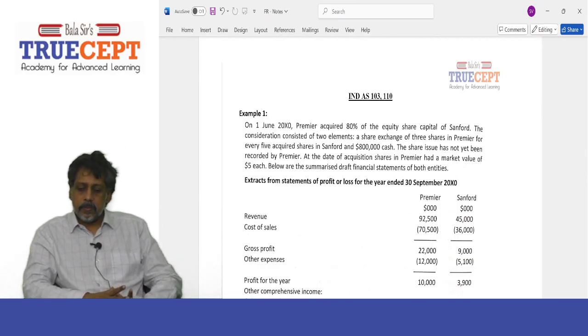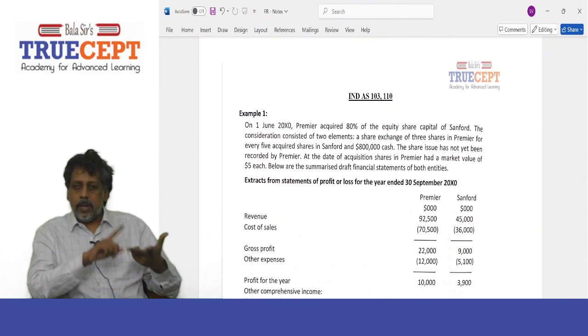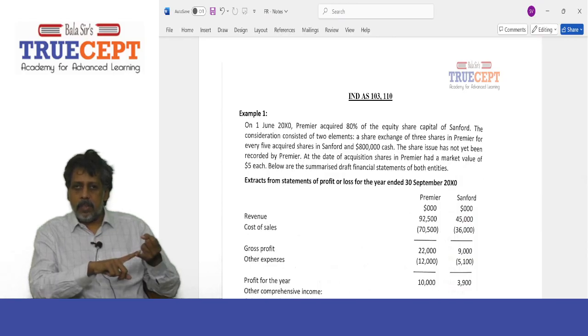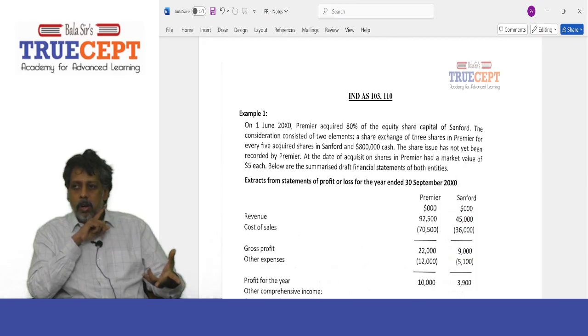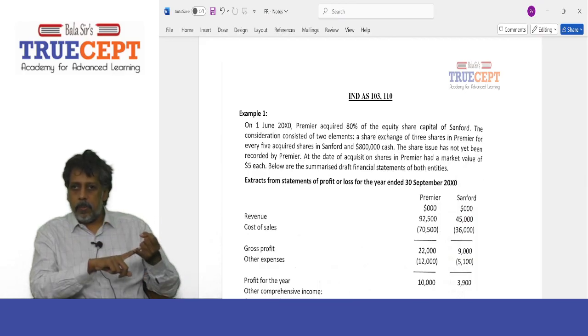The consideration consisted of two elements: a share exchange of 3 shares in Premier for every 5 acquired shares in Sanford, and $800,000 cash. You saw, I'm going to make two payments to you. One is going to be payment in shares, another one is payment in cash. I'm going to offer 3 shares to you people for every 5 shares sold to me.